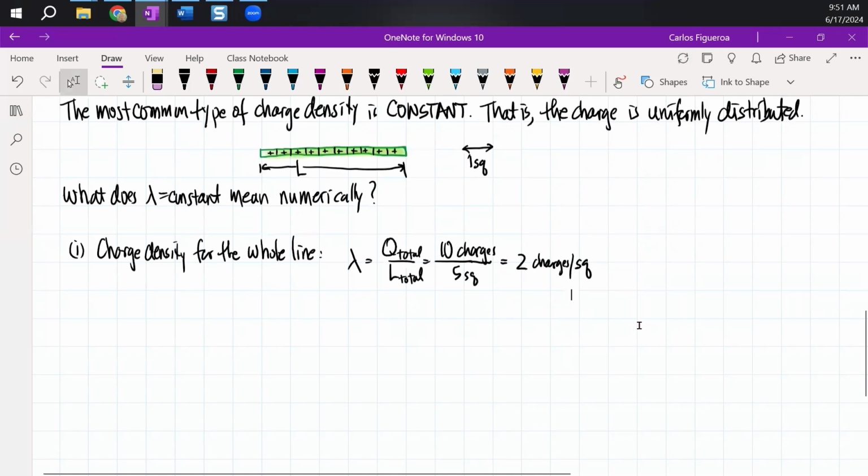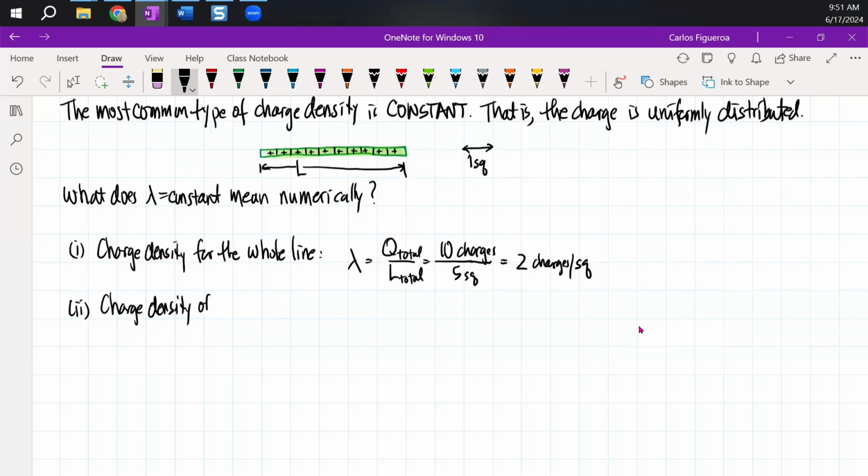But the other thing we can do is look at the charge density of a smaller length. What if I pick just one charge unit, a little q, and a smaller distance?